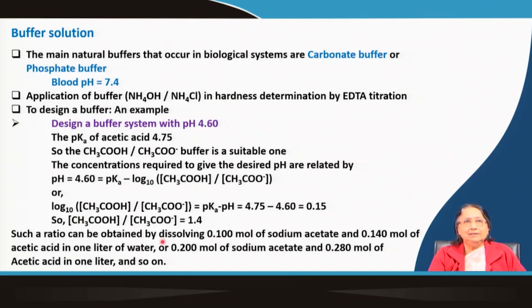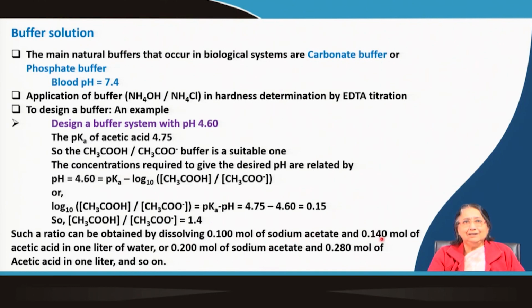We can do it by choosing sodium acetate 0.1 and acetic acid 0.14, or we can choose 0.2 mole of sodium acetate and 0.28 mole of acetic acid. We can dissolve it in 1 liter, so the concentration will be like this, molar.